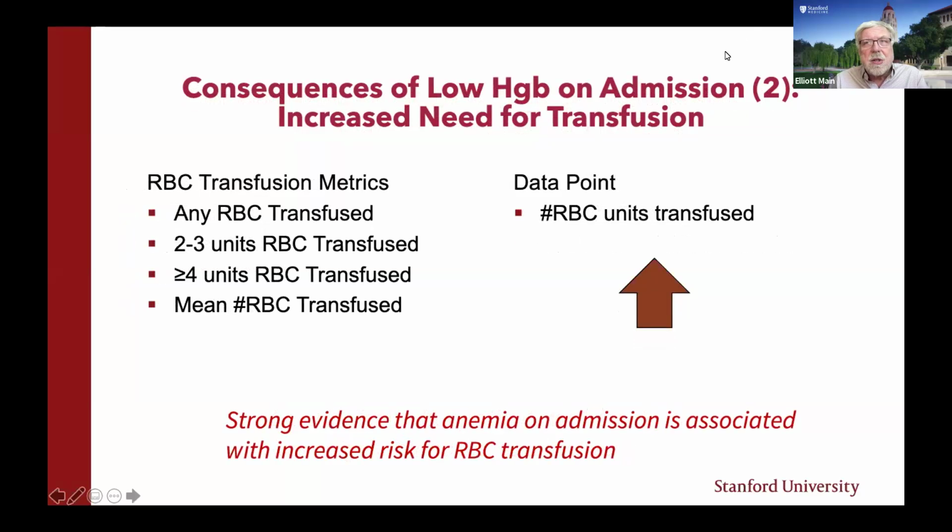In a relationship, in another sense, is looking at the need for transfusion. We have transfusion in the data set as a yes or no, but that's really been inadequate. We're really drilling down into severity, because 1 unit of blood transfusion is not nearly as significant as 2, 3, or especially 4 or more. And so we really want to be able to track the number of units transfused.